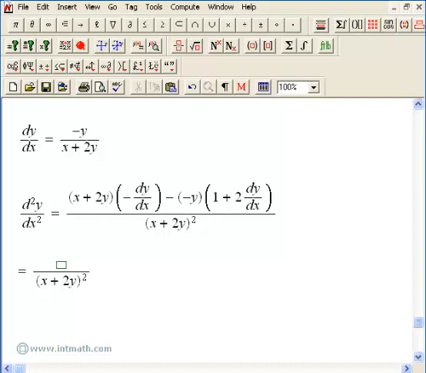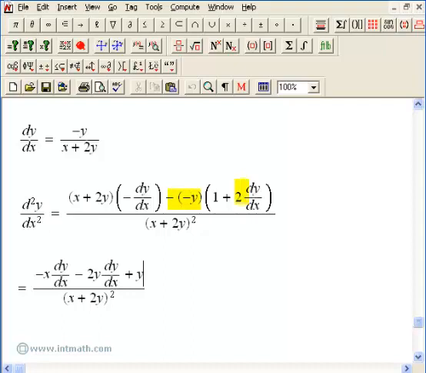And expanding out this thing, we're going to have negative x dy/dx, and then expanding out the second term, plus, will actually be minus 2y dy/dx again, and then moving on to this part, it's going to be plus y, to this bit with this, it's going to be plus 2y dy/dx.